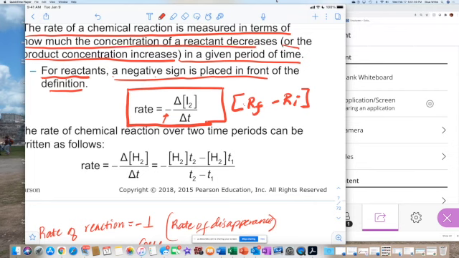Since the concentration amount is decreasing, the final number will be smaller than the initial number. Just in case you want to know, this would be a larger number. So when you take a small number minus a large number, you get a negative number. So negative times negative gives you positive. The change in the concentration of the reactant, think about that, is going to be negative. Negative times negative is positive. So we'll work this out so you can see.